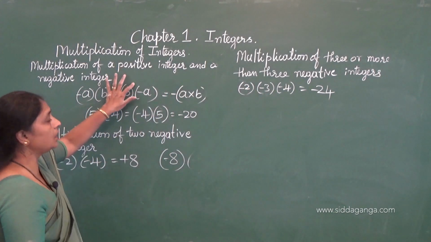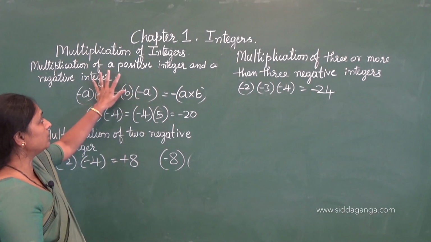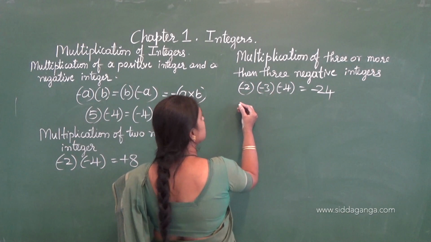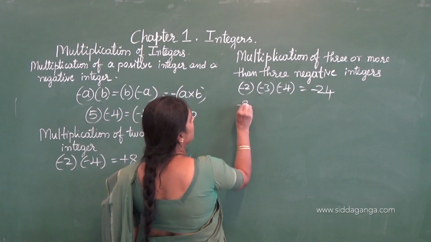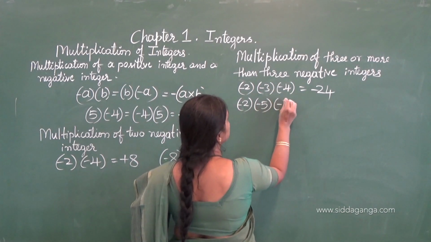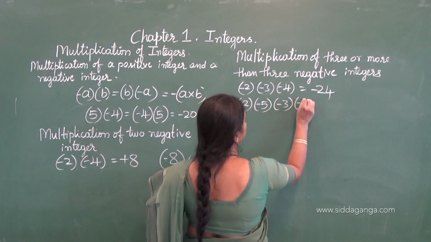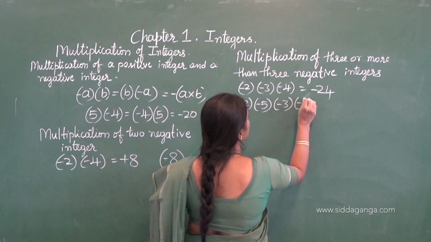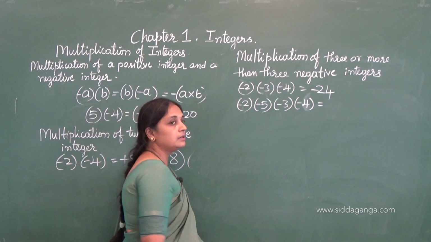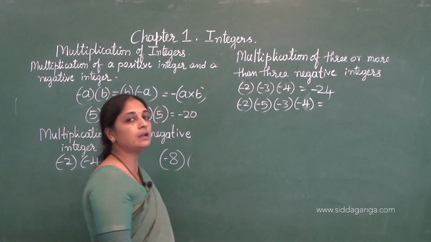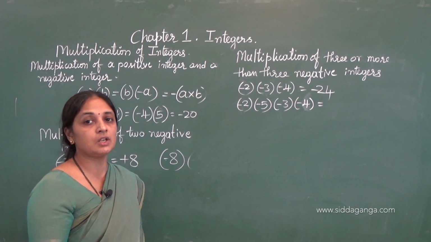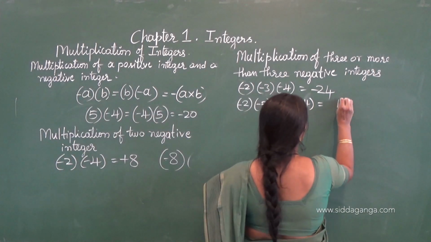So we have seen in the first case the multiplication of a positive and a negative integer. Okay, consider four integers: minus 2 into minus 5 into minus 3 into minus 4. Here 2 5s are 10, 10 3s are 30, 30 4s are 120.